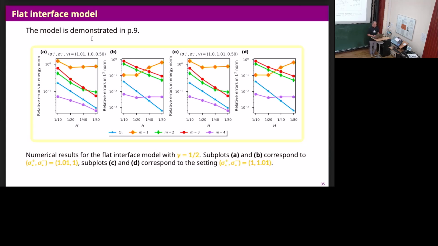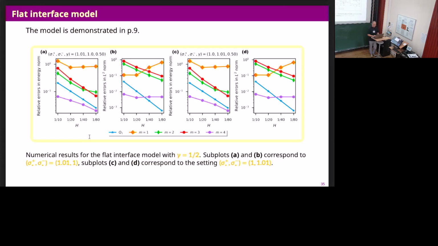Now the first observation is that as we refine the coarse element, we see improved results from our method. Also, for this case, because we take gamma equal to 1/2, this means that the coarse grid resolves the interface.